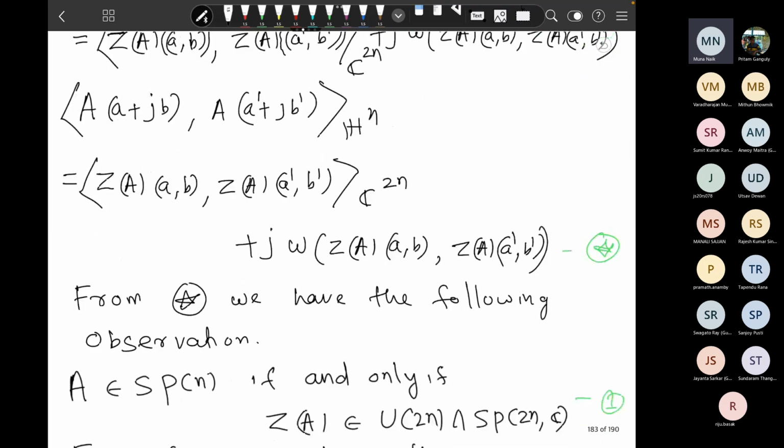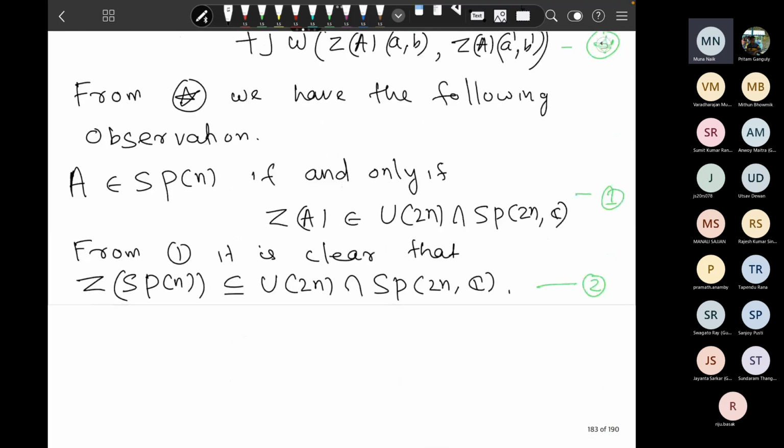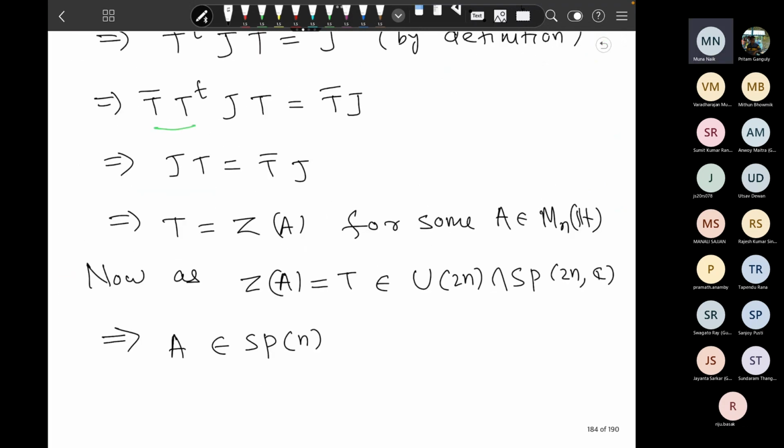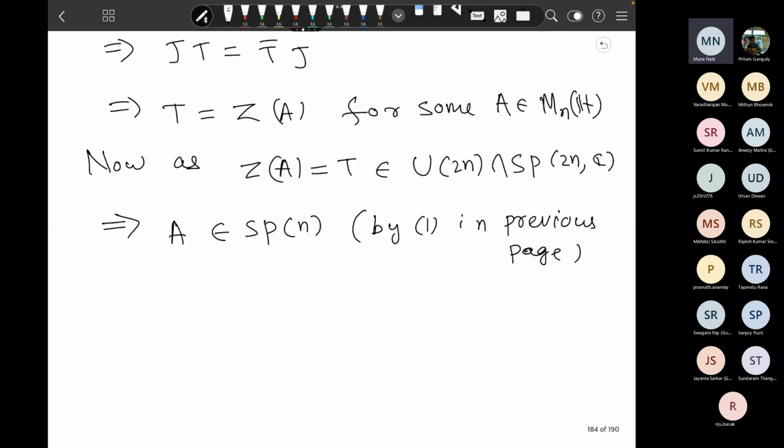Here A belongs to Spn if and only if ZA belongs to U2n intersection Sp2nC, by 1 in this case. So if A belongs to Spn, this implies T is equal to ZA, which belongs to Z of Spn.